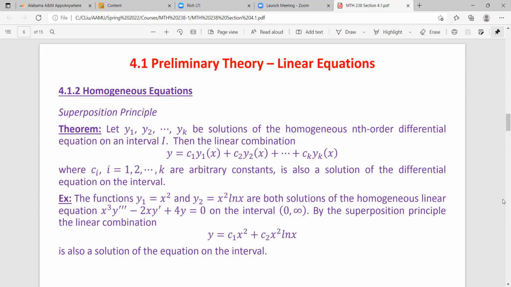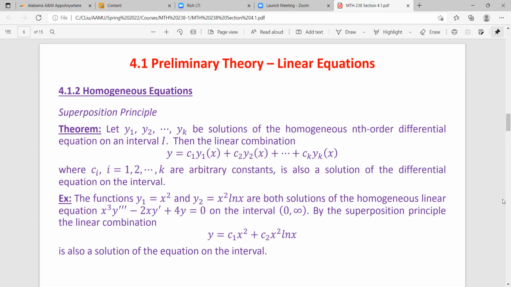So if you write those homogeneous solutions y1, y2 to yk, so there are k solutions for this homogeneous differential equation, the linear combination of those solutions you can write as C1 y1 plus C2 y2 plus C3 y3 until Ck yk, where C1, C2, C3 to Ck are arbitrary constants.